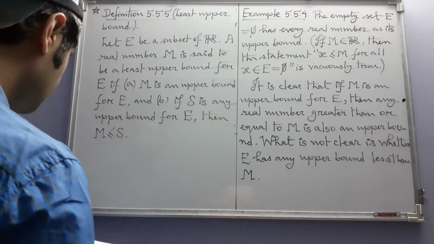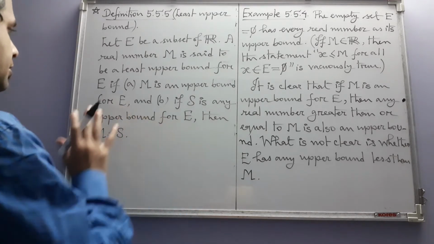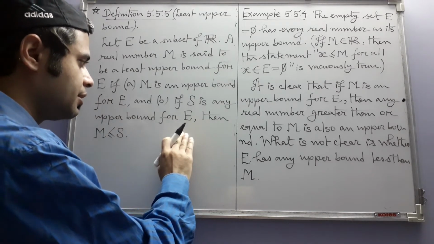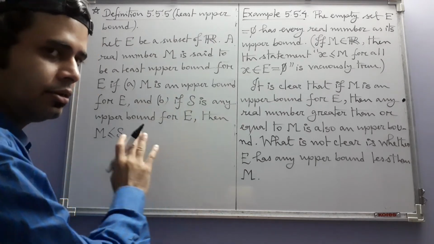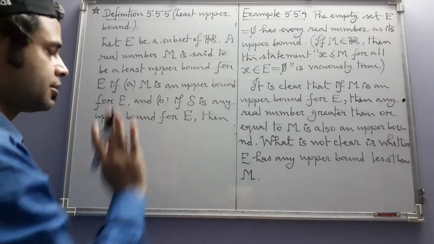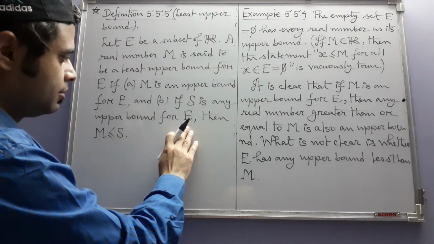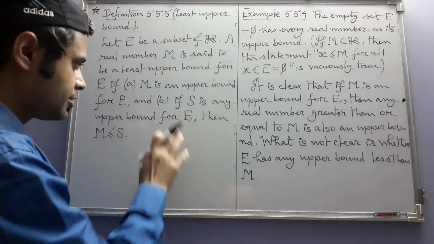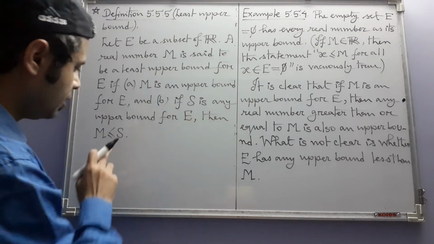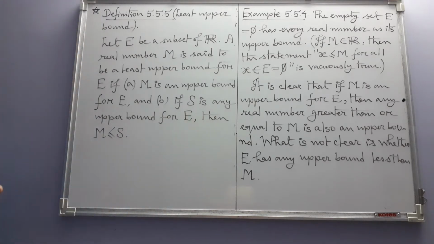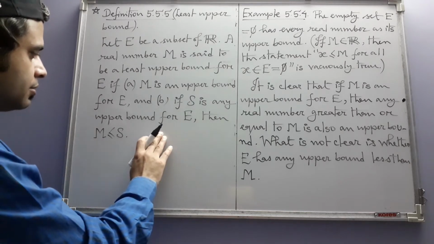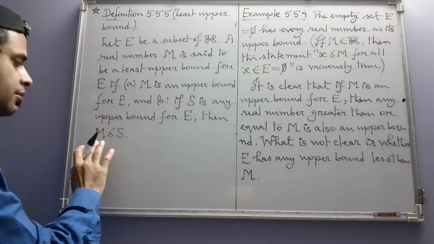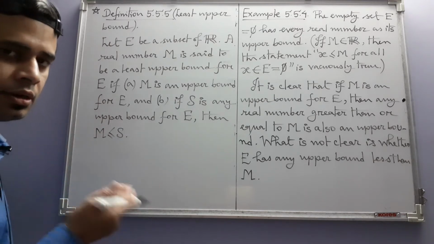Now, merely defining this is not enough. What I'm trying to say is that if we are given a subset E of the system of real numbers and say it has an upper bound, does it automatically imply that it will have a least upper bound? The definition doesn't say anything about that. The definition merely says that if there is one such smallest upper bound, then that is a least upper bound.